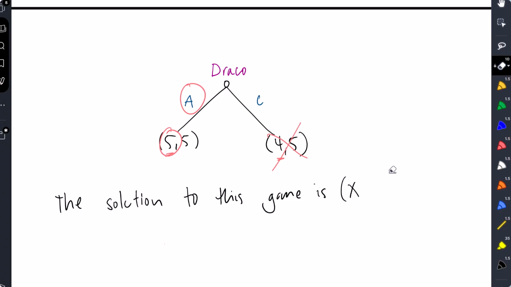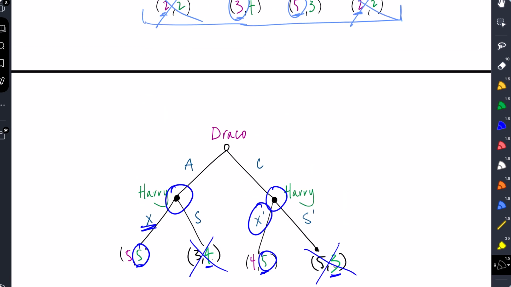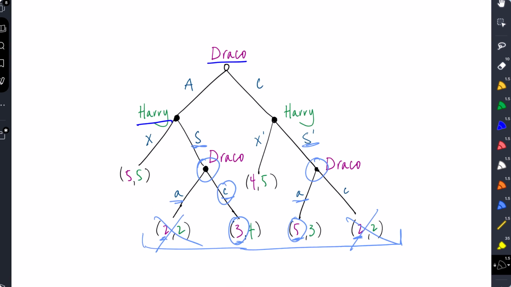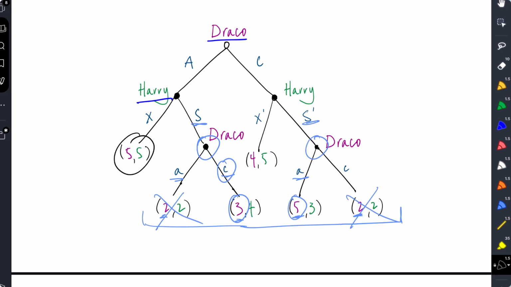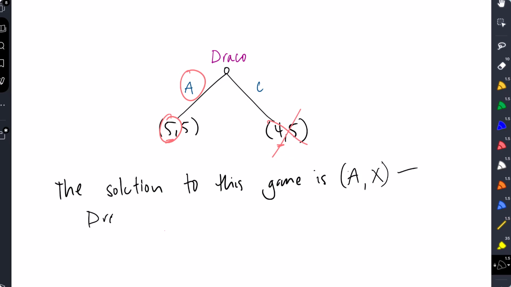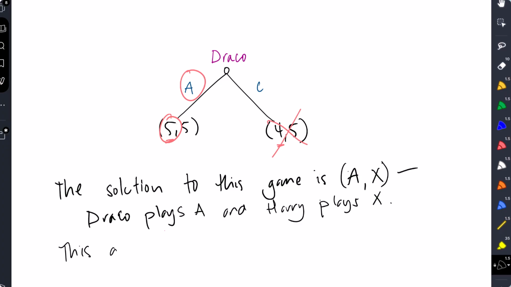So the solution to this game is A, and the 5-5 is when Harry plays X, and that actually ends right there. Okay, there we go.